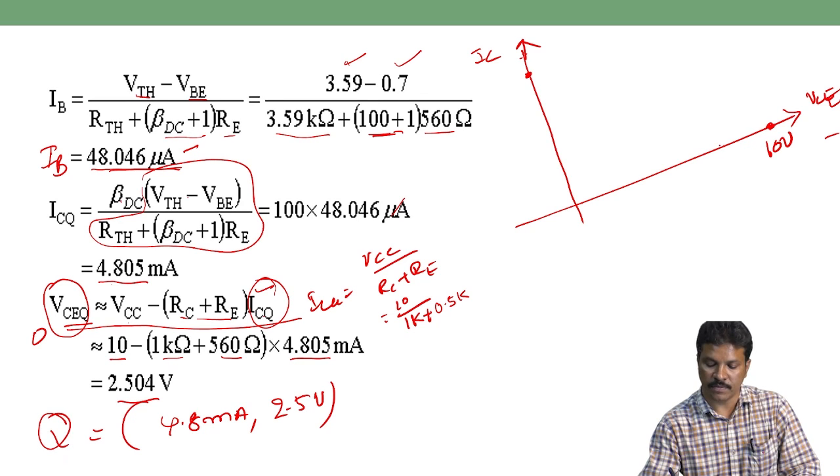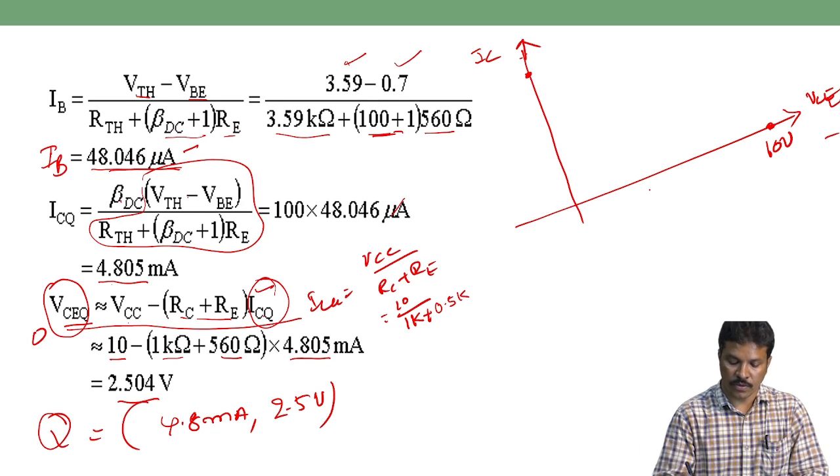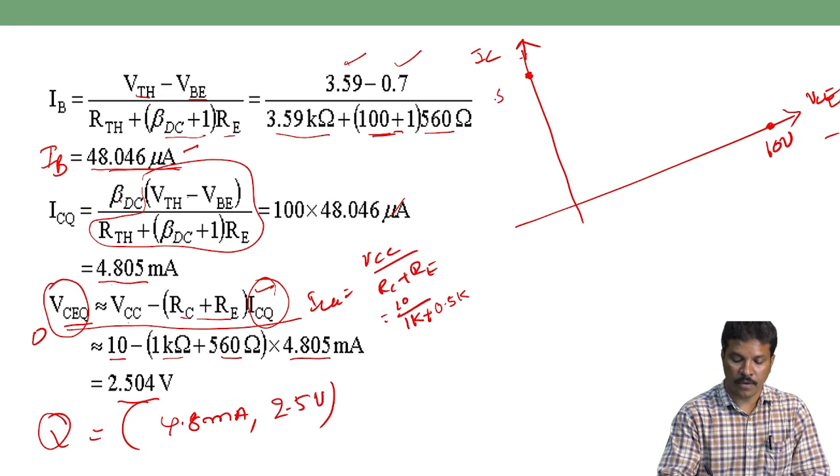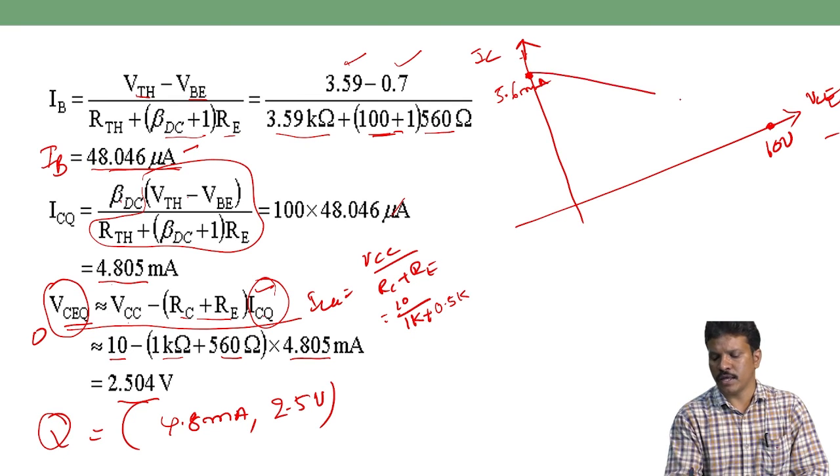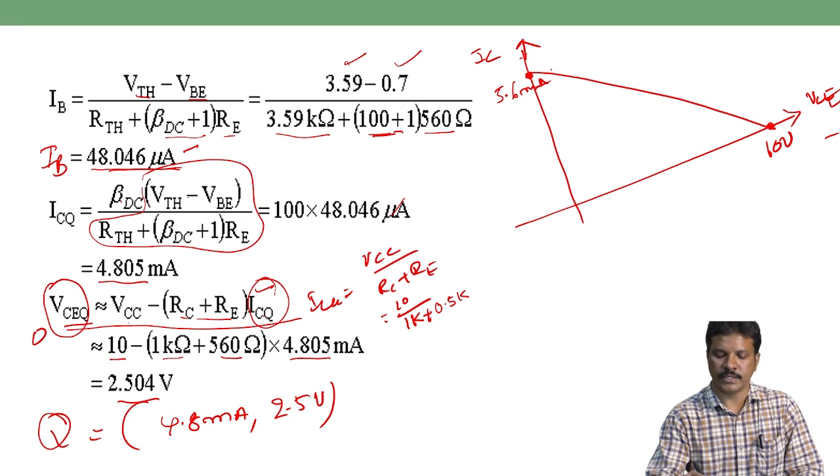So ICQ is equal to 5.6 milliampere, and when we join these together, we get the load line. It is called the load line.